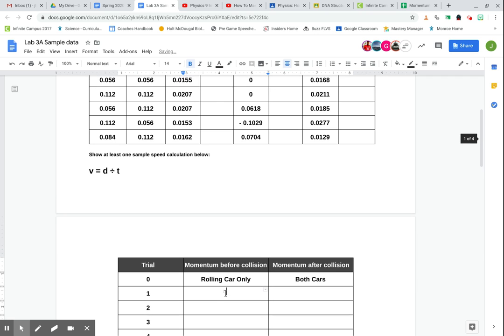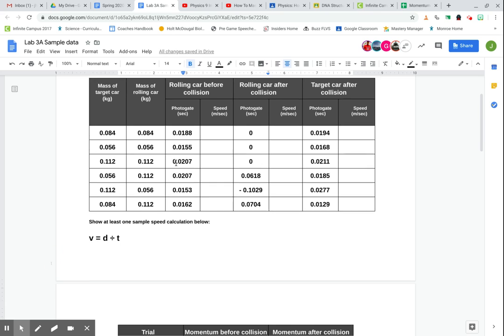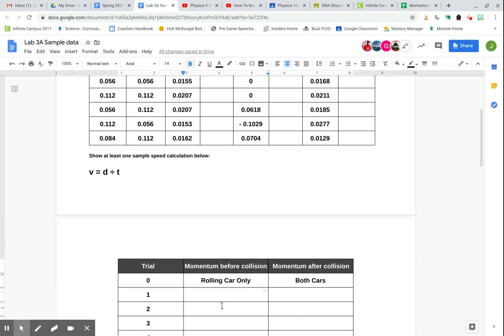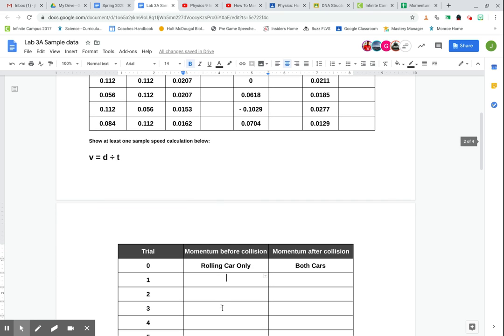And that's the number that's going to go right here in this box. Then I'm going to do the same thing for trial 2. Mass of the rolling car times the speed of the rolling car, and that's going to go right here. Mass of the rolling car times the speed of the rolling car, and that will go right here, and so on all the way down.